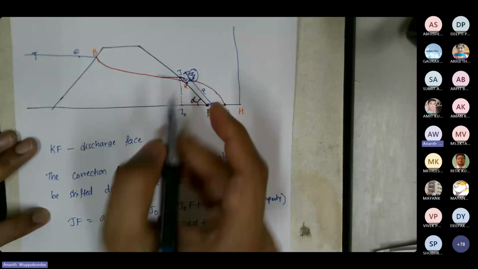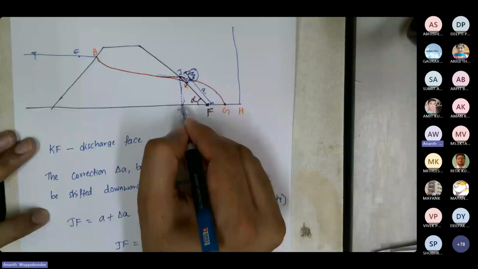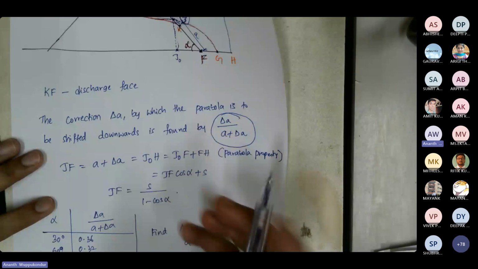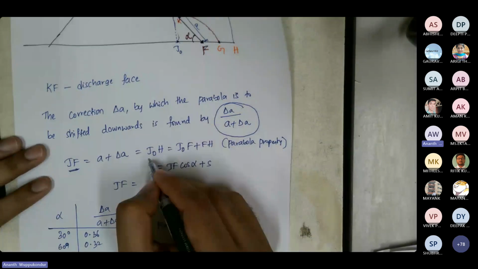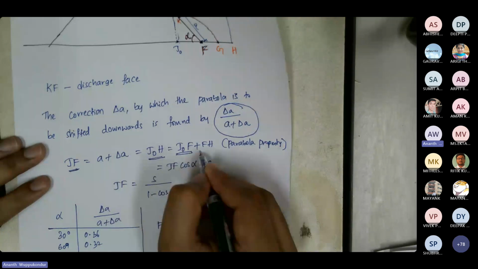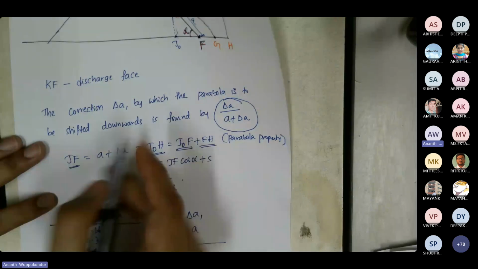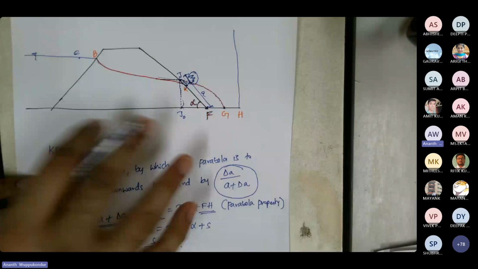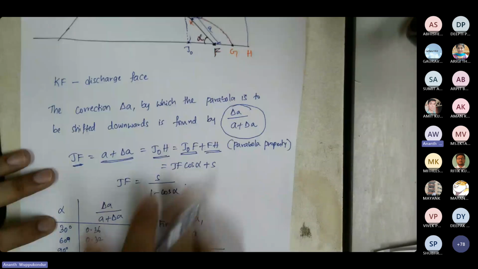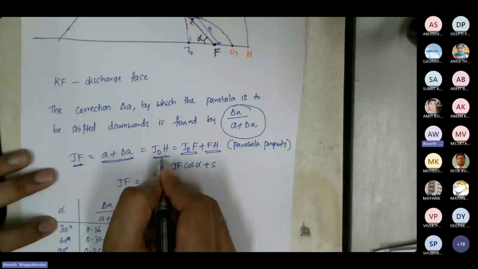We have a point J naught that sits on the vertical line from J. According to the parabola properties, JF equals J naught H, and J naught H is J naught F plus FH, which is given by A plus delta A. So JF is A plus delta A, and that equals J naught H, which is given by two parts: J naught F plus FH.